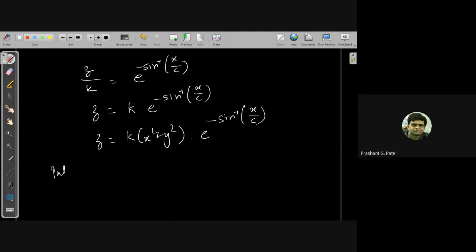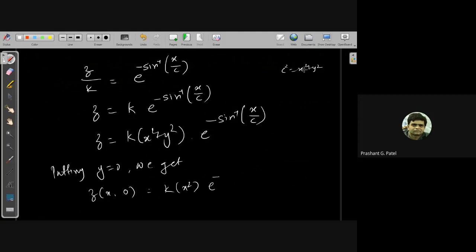So putting y equal to 0, we get z of x0 is equal to k into x square e power minus, if I put here initial conditions, sine inverse of, because the value of c is square root of x square plus y square.